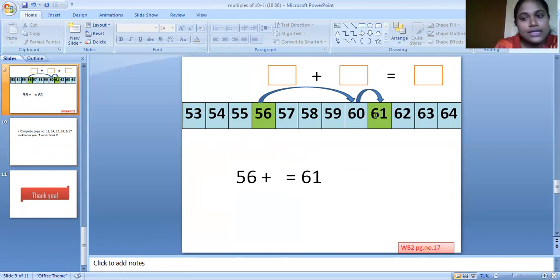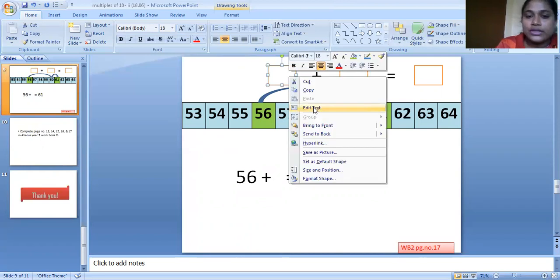And to make it easier to find the answer, first I will jump to the next complement of 10 from 56. What is the next complement of 10 to 56? It is 60. So first I will jump to 60. 1, 2, 3, 4. I have to jump 4 times.